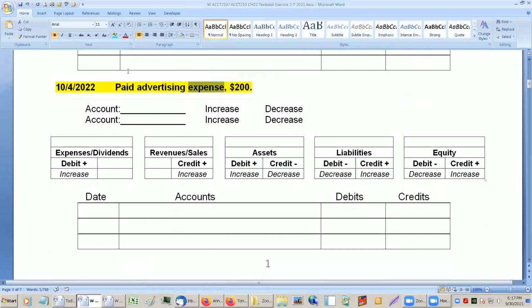Hey, look at that. Advertising expense. So before we even do anything, you can make the journal entry.